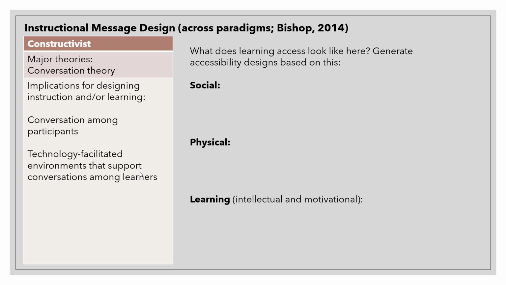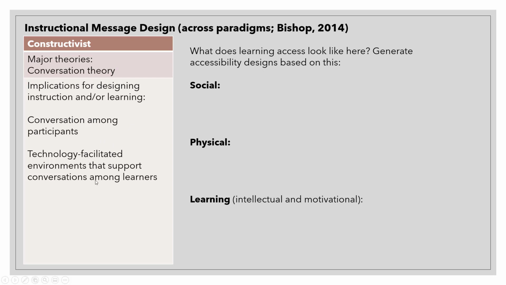Well, what that means is the learner who may need that type of access isn't able to participate in the actual conversation, in the actual interactions that are taking place.